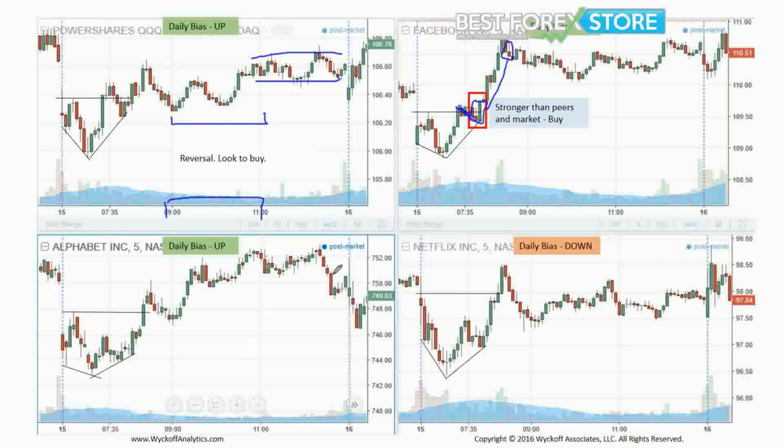So no trades here, no trades here, and see how I'm eliminating some of the unnecessary trades that I would be inclined to do if I didn't have a daily bias, if I didn't understand what the market is doing, if I didn't understand the comparative analysis as well as the structural analysis at this time frame.